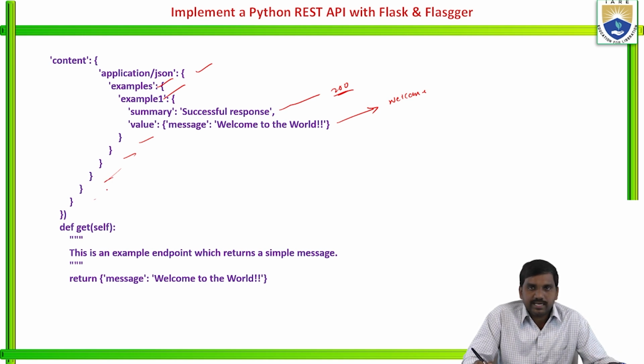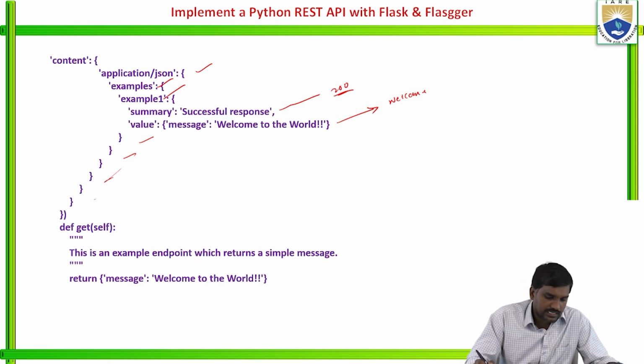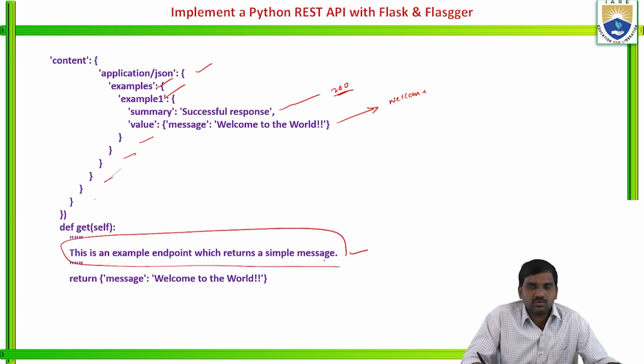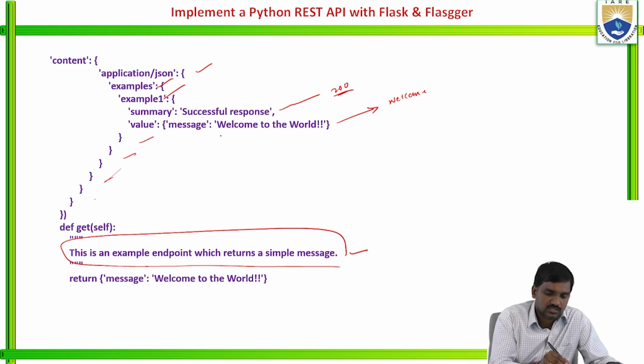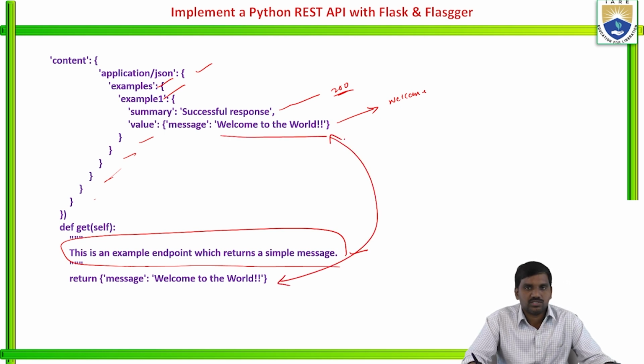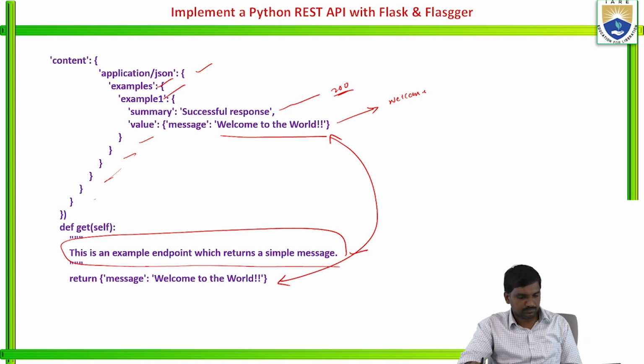Next, def get(self). This is an example endpoint which returns a simple message, and the final output will display like this: a return message, welcome to the world. Just insert the return message here.